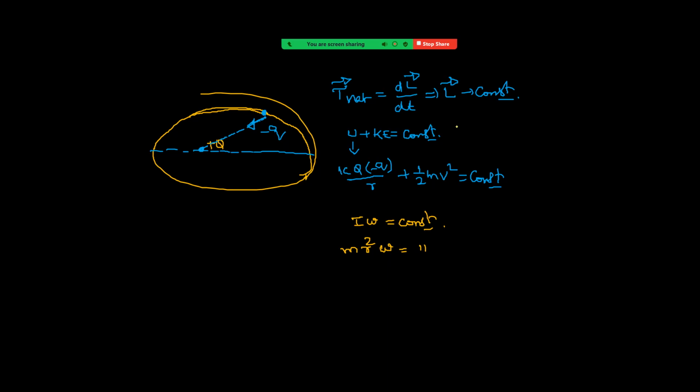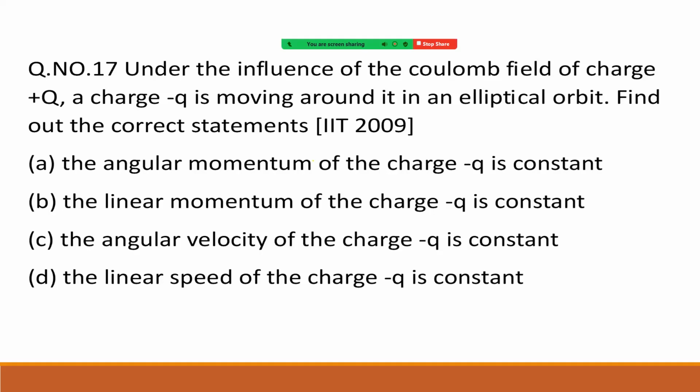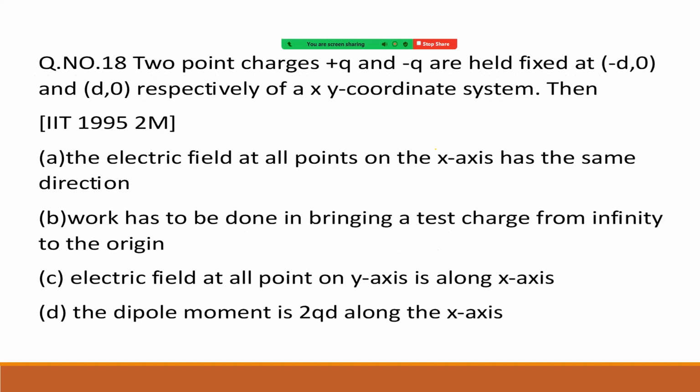So the only thing is that angular momentum is a constant because net torque equals 0, right? Okay. Now see the next problem. So for these options, only option A is the correct one, right? Right. See the next problem.